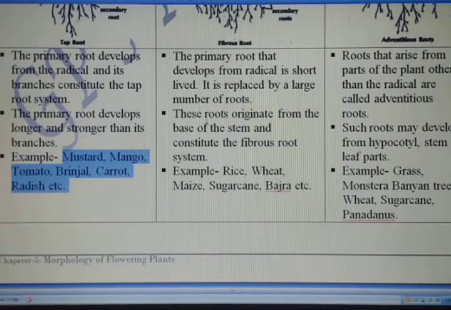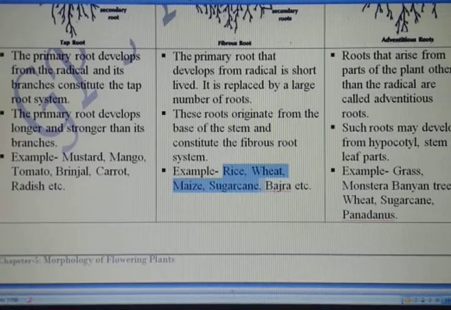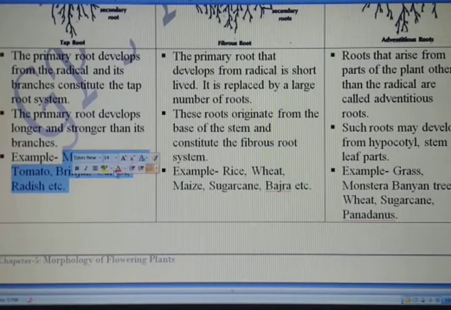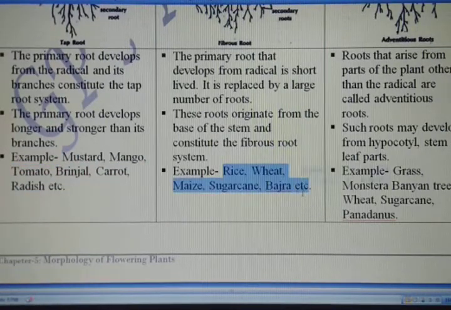Then coming to the fibrous root: rice, wheat, maize, bajra, sugarcane, all these are in fact monocots. Fibrous roots are formed in monocot plants, whereas the taproot is found in dicot plants. The first one, mustard and the others I discussed, are found in dicot plants, whereas fibrous root is found in monocot plants.